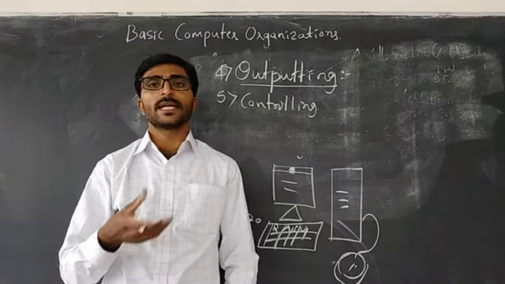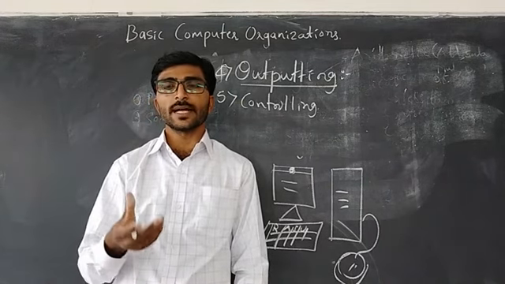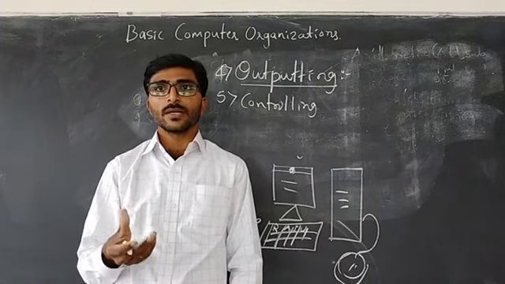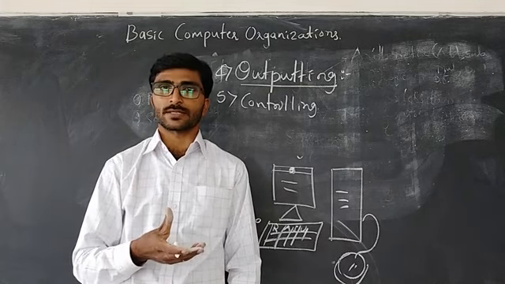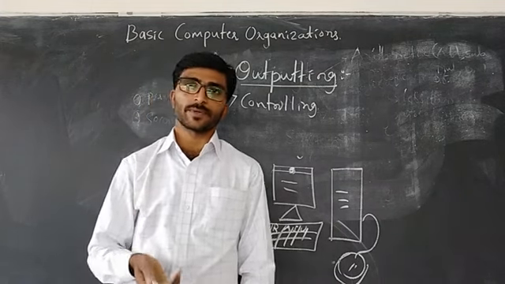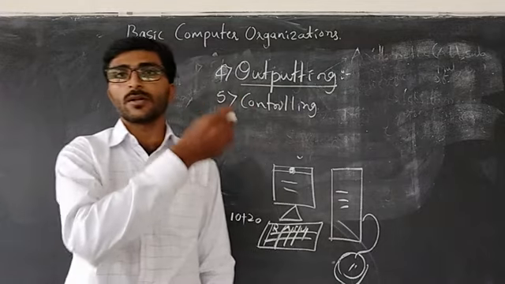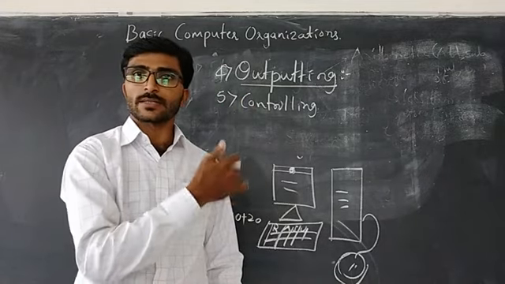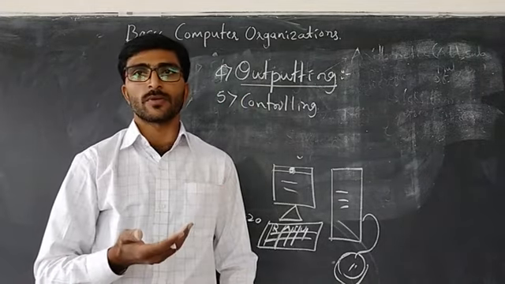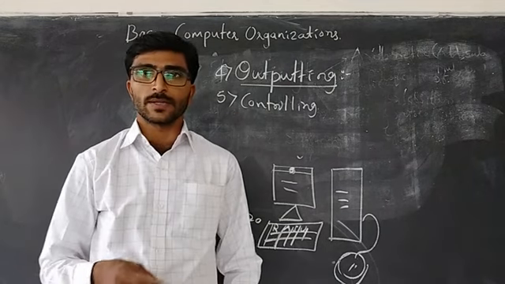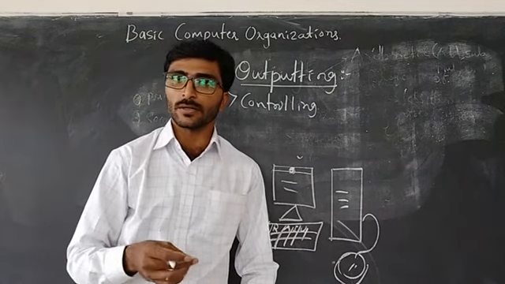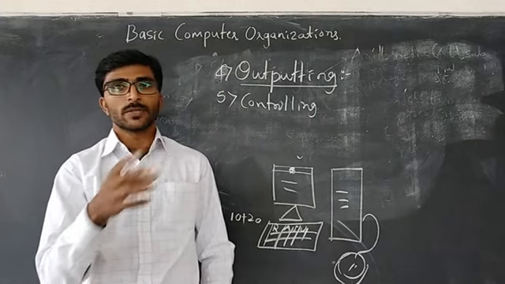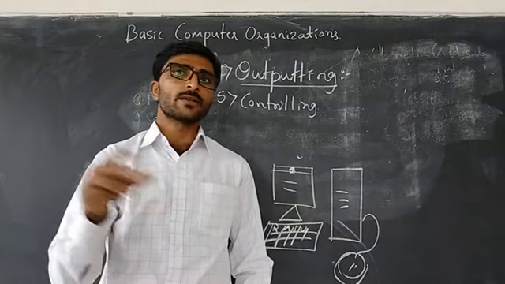The controlling unit directs the manner and sequence in which all the above operations are performed. For example, in your college, who manages all things?